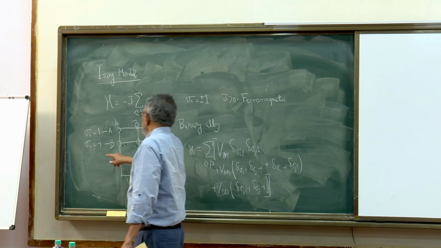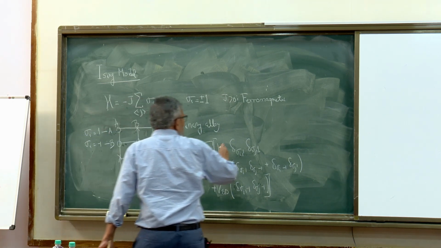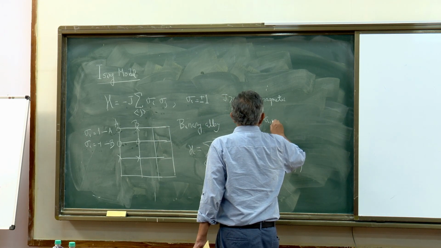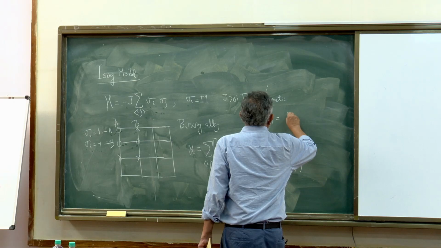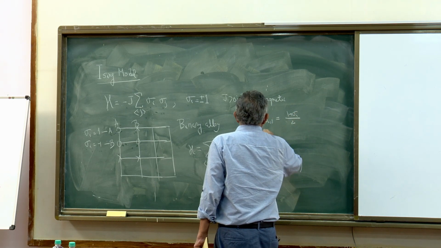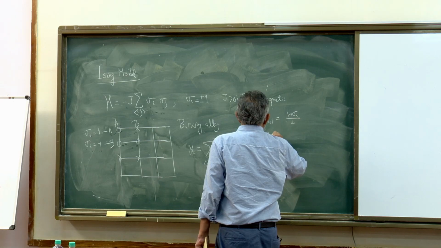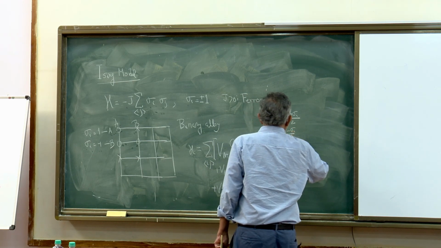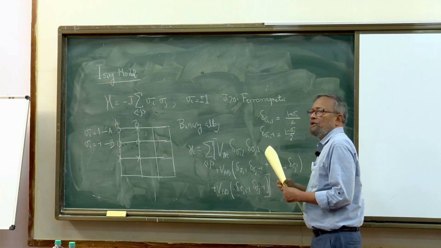If I now write these Kronecker deltas, delta(sigma_i, 1) is (1 plus sigma_i) divided by 2, and delta(sigma_i, -1) is (1 minus sigma_i) divided by 2. This is trivial.